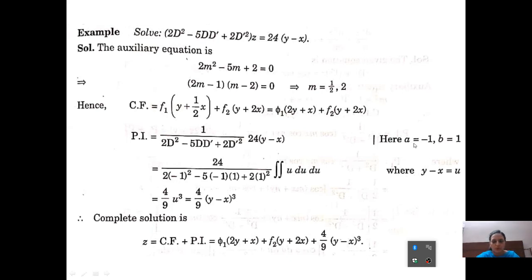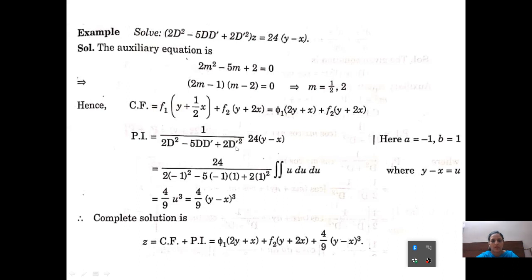So we will replace D with a and D dash with b in this particular integral part. If this is non-zero, we can proceed further. We place integration according to the order of this equation.